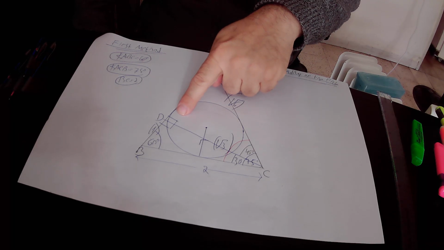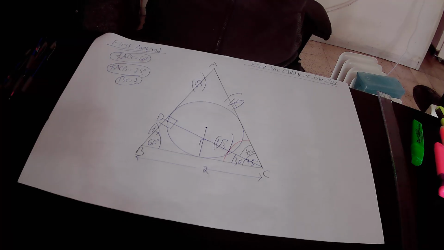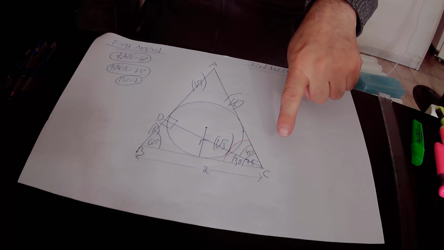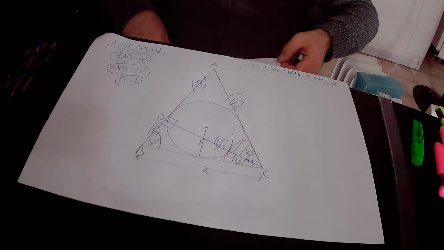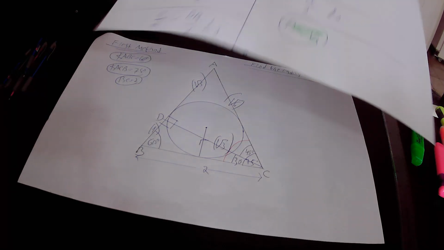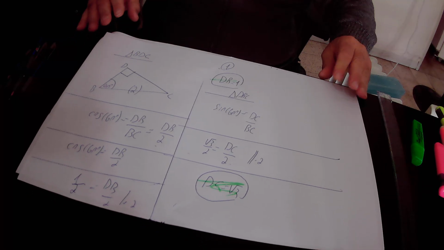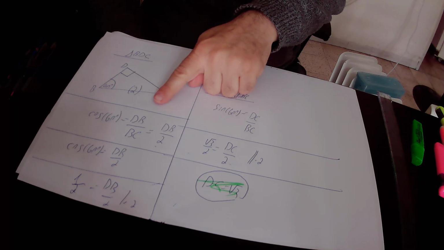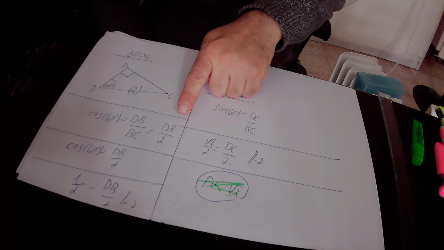So this angle equals 90 degrees according to our construction. Then, I copied the right triangle BDC in a new page and analyzed it. In this right triangle BDC, cosine 60 degrees equals DB over BC.